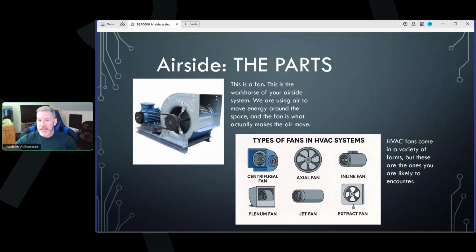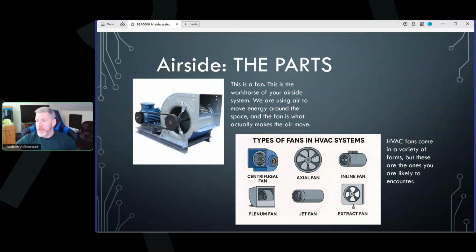We like centrifugal fans because they follow something called the affinity laws, which we may or may not get into depending on time. They are also very efficient. For HVAC purposes at low to medium static pressure, it's probably the most mechanically efficient way to move air.